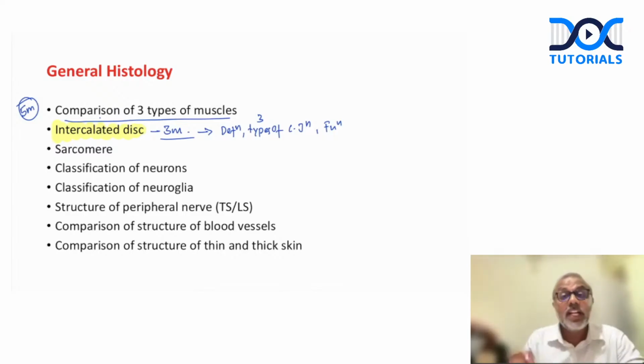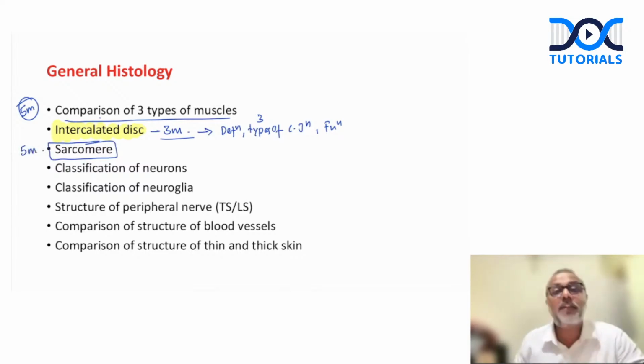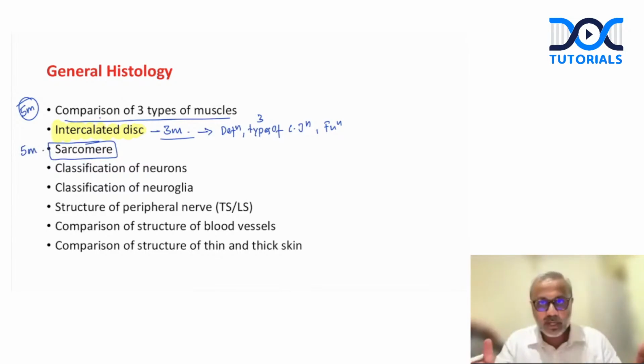Right? Then in the muscle itself, there can be a question on sarcomere, which is again a very important 5 marker. What is sarcomere? What is the structure of the sarcomere? How the sarcomere looks when it is relaxed, when it is contracted. You should be able to write both the diagrams. You should be able to write the actual representation of the thick and the thin filaments. What do we mean by the Z line, H line, M line?